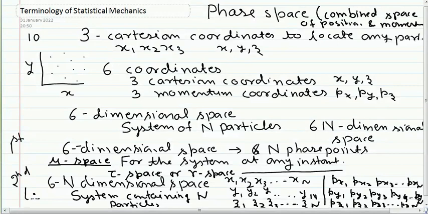So whether it is the mu space, the tau space, or the gamma phase space, all are known as the phase space, denoting the particles or the system in terms of position and momentum. If it is the mu space, then we will have n phase points, and if it is the 6n-dimensional space, then we have only a single phase point for the whole system at any instant.